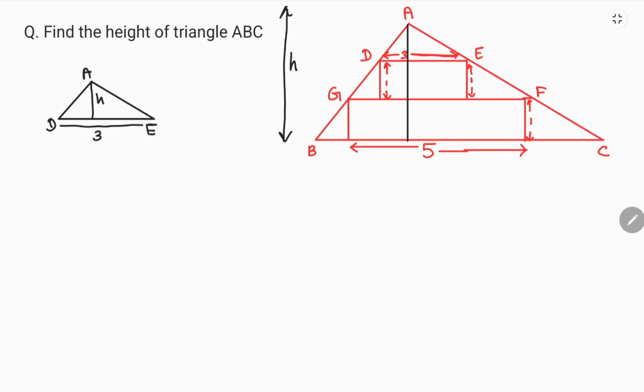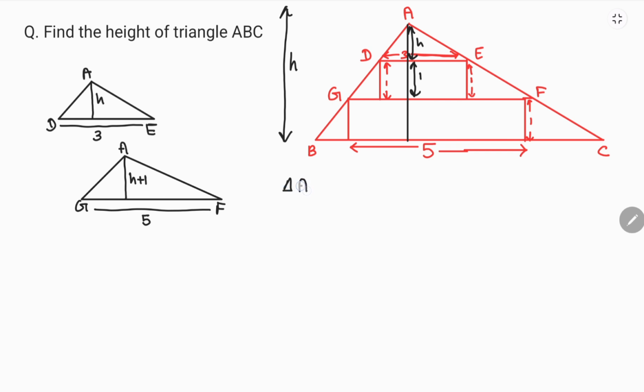In the same way, look at the second triangle, AGF. Its height is bigger than H by the given 1, so the height of this triangle is H plus 1 and the base is 5.